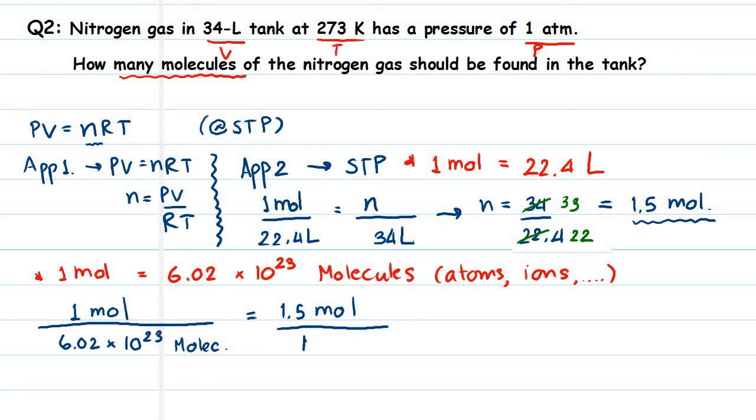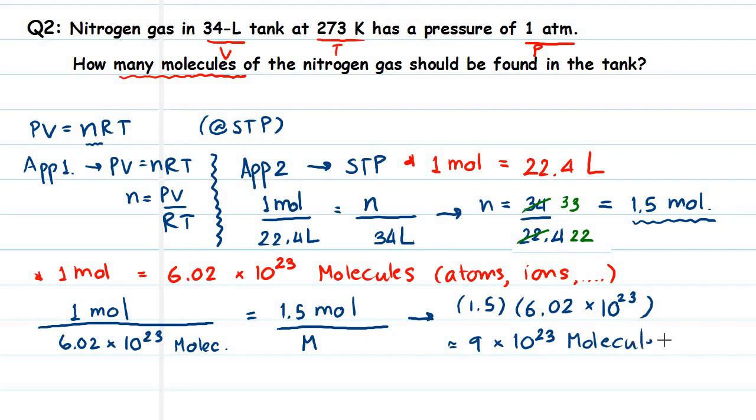So how about the 1.5 mole that we just obtained? How many molecules? That is pretty much 1.5 times 6.02 times 10 to the 23rd. This is actually about 6 times 1.5, so you should be able to get about 9 times 10 to the 23rd molecules. And that is the answer.